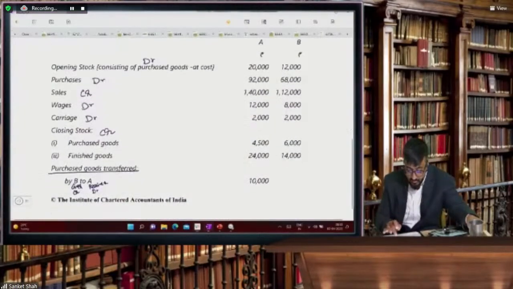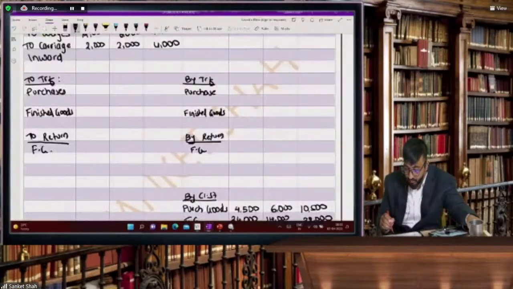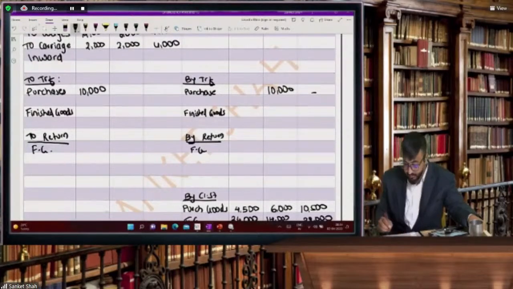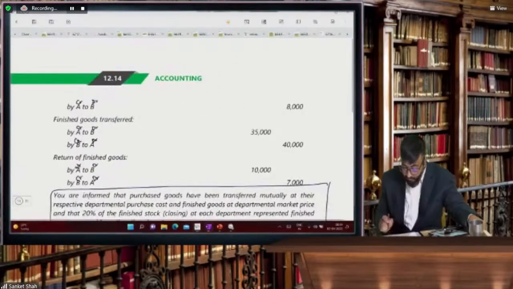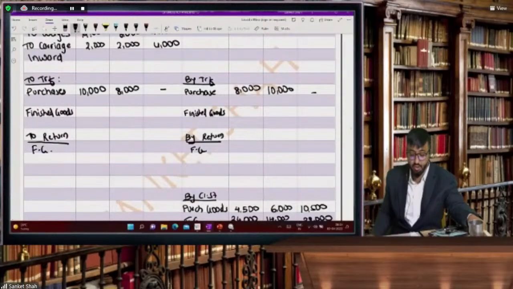So purchases, goods transferred, B to A. So B credit, don't write it in total. When there is internal transfer in consolidated, it is zero, because one debit, one credit, zero. And whose debit? A's debit. Next, 8,000: A credit, B debit. Net dash.